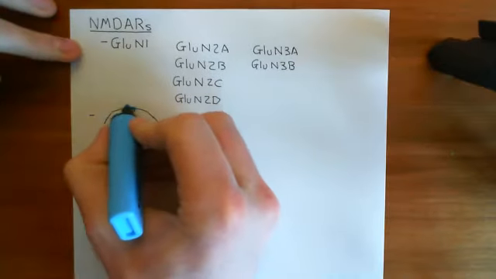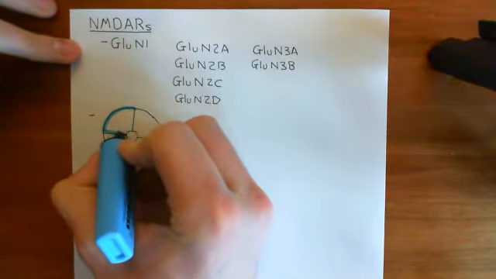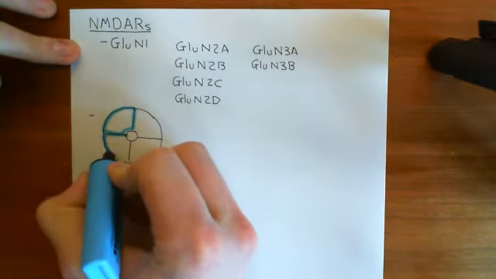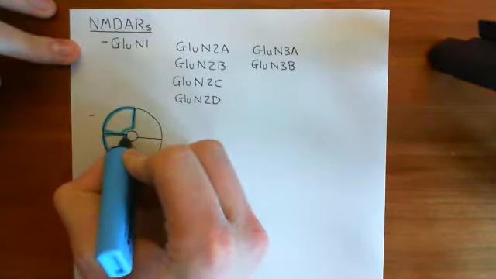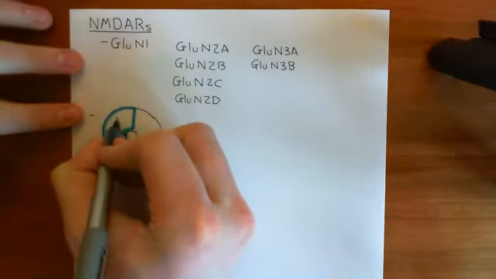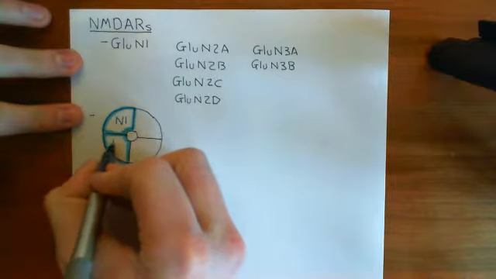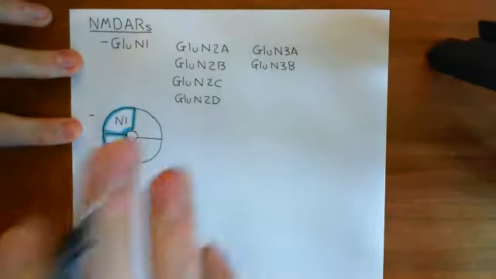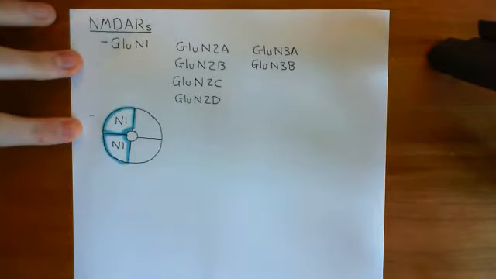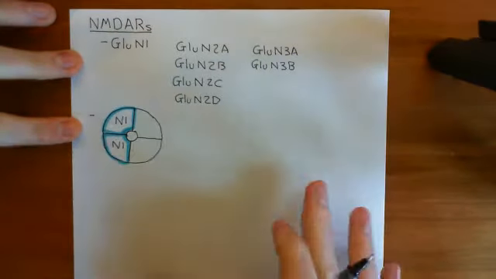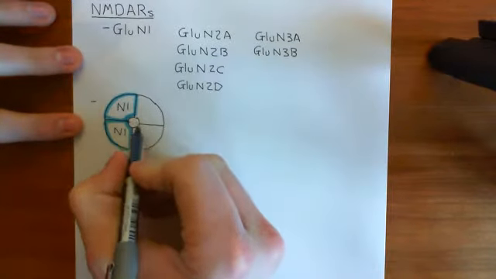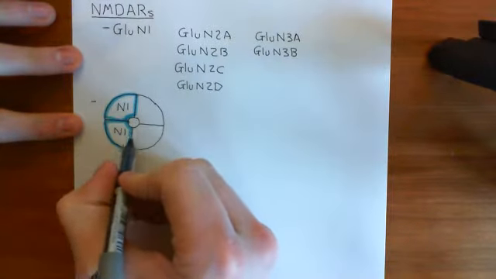So, absolutely always, 2 of these subunits of NMDA receptors will be GluN1 subunits. I'm highlighting these in blue here. So these 2 are both going to be GluN1 subunits. In absolutely every single NMDA receptor you ever build, you will have 2 GluN1 subunits like so. Now, the only question that then remains is what are these other 2 subunits?